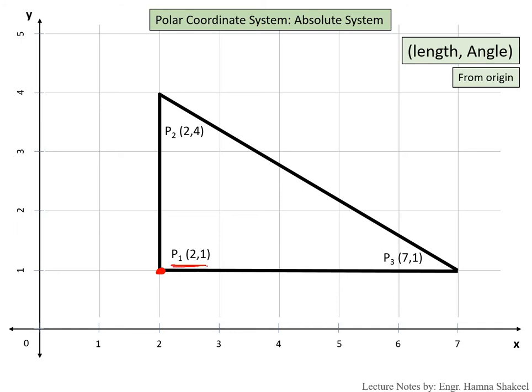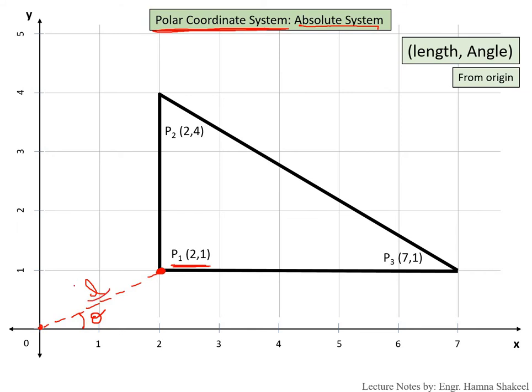The absolute value in the Cartesian coordinate system for P1 is 2 and 1. Now we want to find the polar value or polar coordinate of P1 in the absolute system. So if you move from the origin, this will give you the length and this will give you the angle.